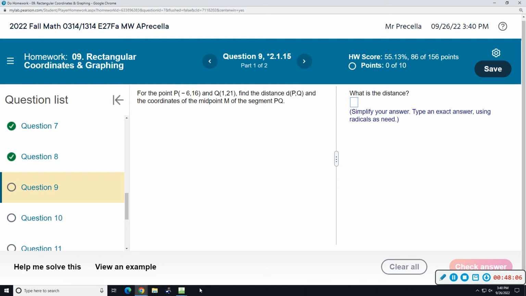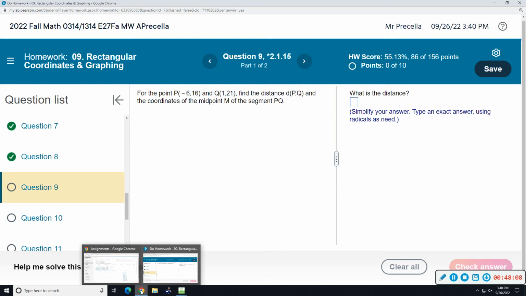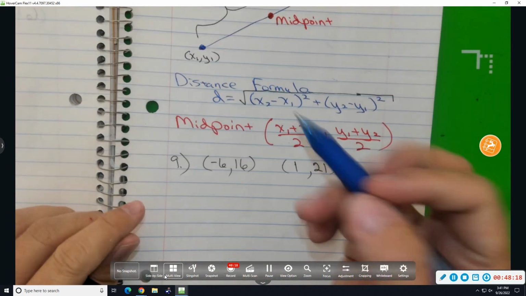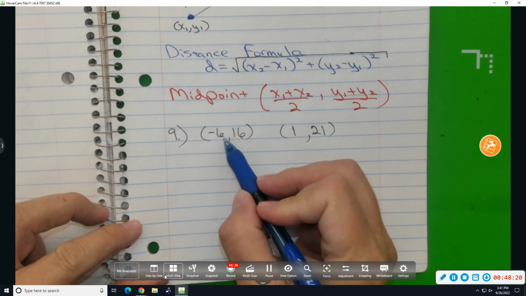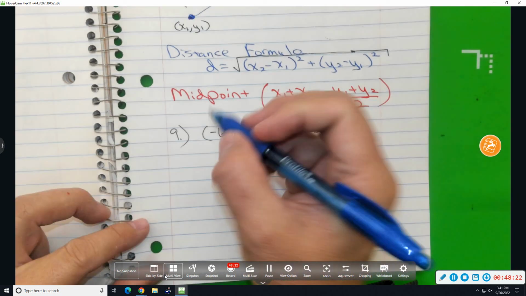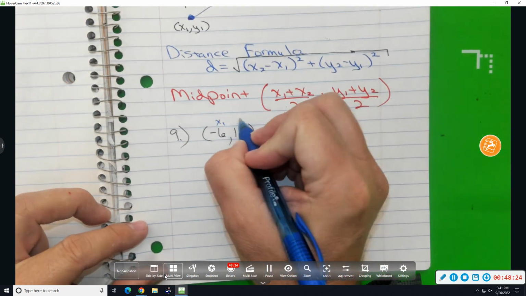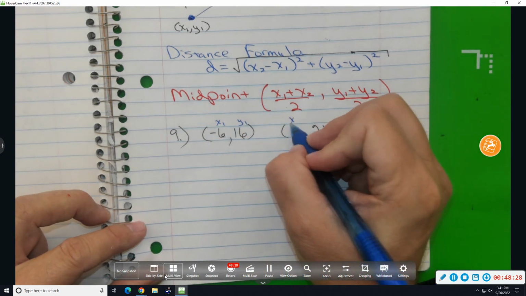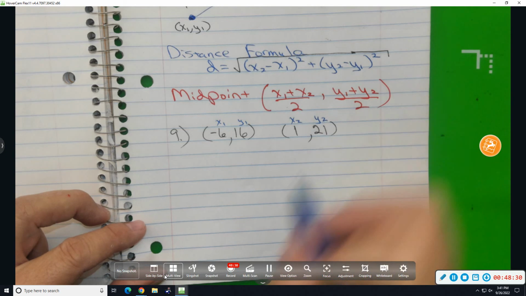We want to find the distance from one point to the other, and we want to find the midpoint of the segment connecting them. What I do is I label these points. The first ordered pair I write down, I label x1, y1. The second ordered pair I write down, I think of as x2, y2.